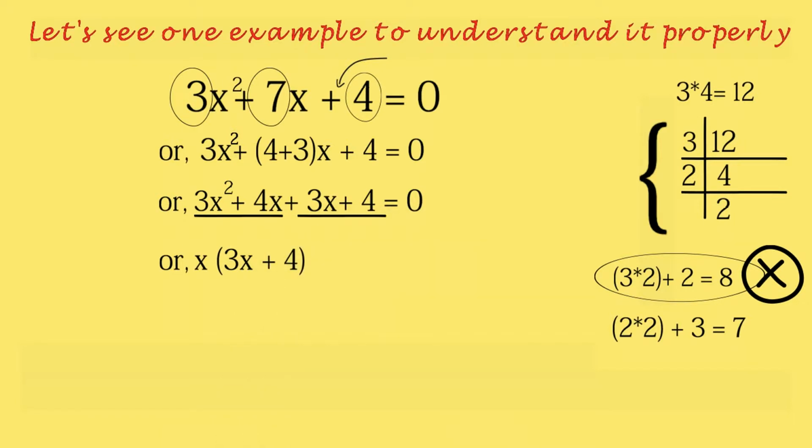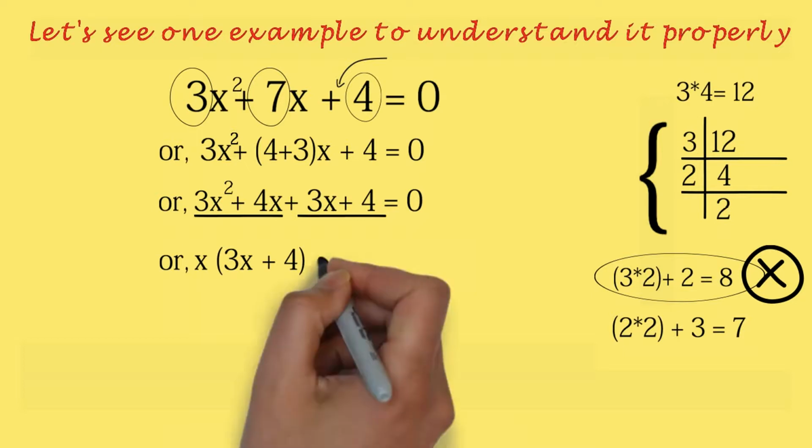There is nothing common in this part. So, we will take +1 common from this part. Remember friends, when there is nothing common, you have to write 1 as a common value. And one more thing, always take common including the sign before 3x. Now the second part will look like this.